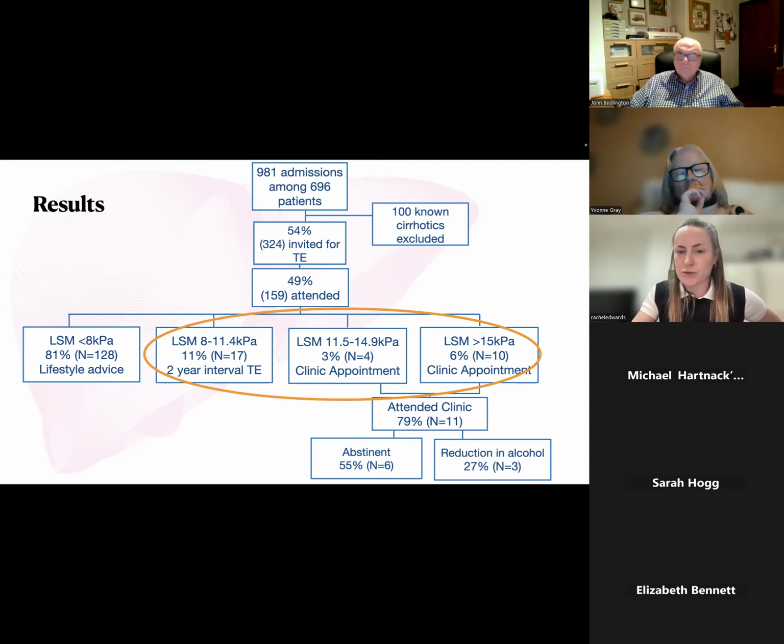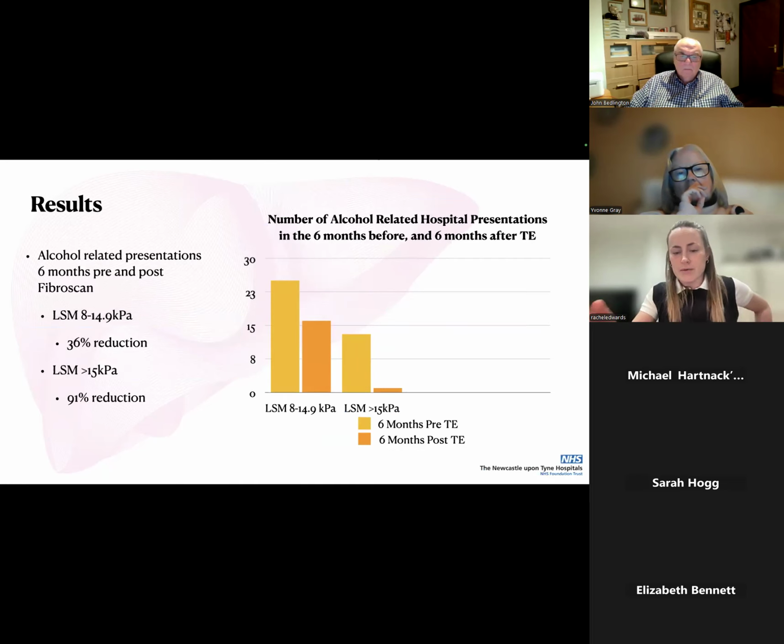So we wanted to look at that group again with clinically significant fibrosis, so liver stiffness measurement of greater than 8, as to how that might have impacted upon their alcohol-related presentations to hospital.